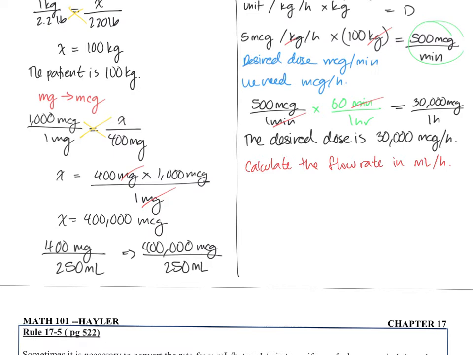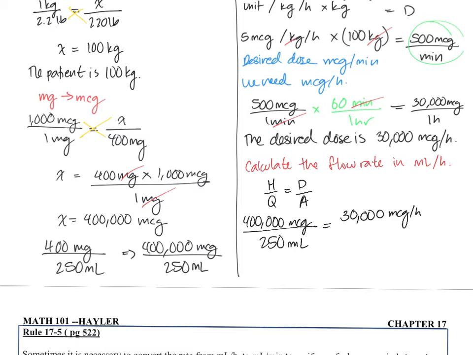To do that, we use our formula, which, if you recall, is H over Q equals D over A. The dose on hand was 400,000 micrograms, the quantity was 250 milliliters, and the desired dose is 30,000 micrograms per hour, all over A, the amount to administer.